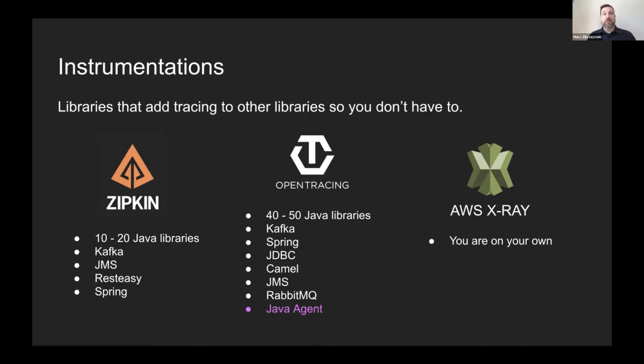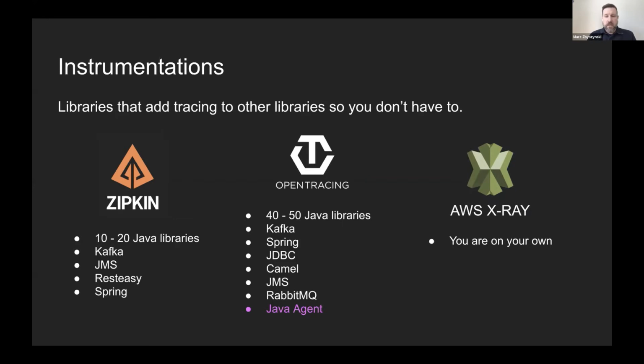You say, I'm just going to add this library, and then a span will be added anytime I make a SQL query anywhere in my application. And this is where OpenTracing really shined. For us anyway, there were a lot of Java libraries that were already instrumented in the OpenTracing API, and almost all the tools we were already using had instrumentations.